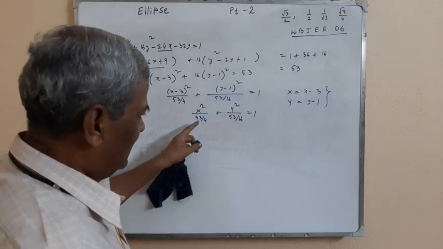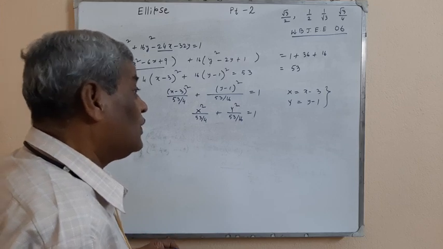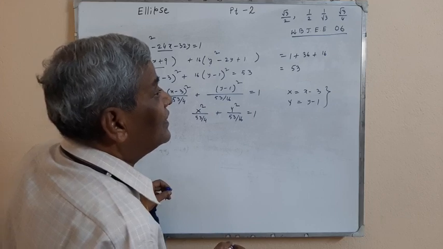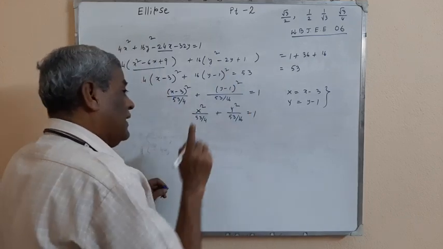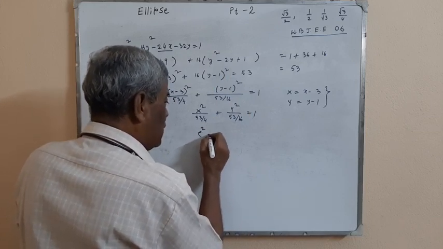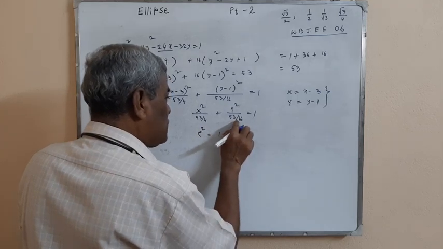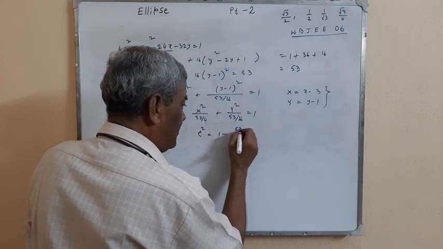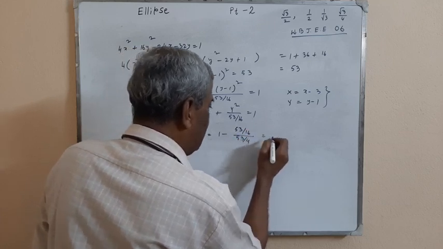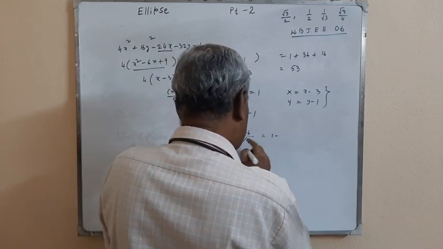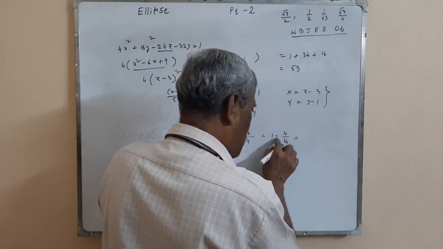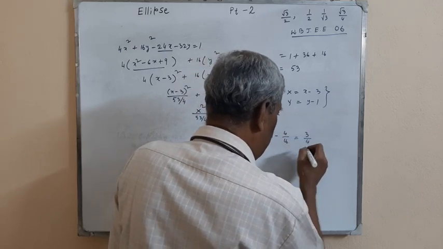The eccentricity can be written as e square is equal to 1 minus b square by a square, which is 1 minus 4 by 16, that is 1 minus 1 by 4, which is 3 by 4.